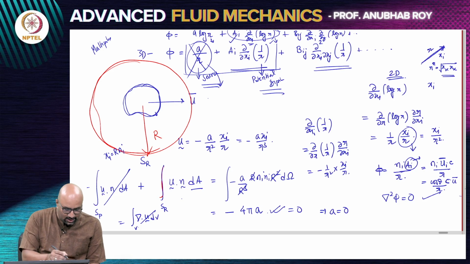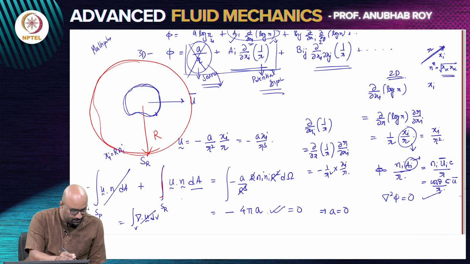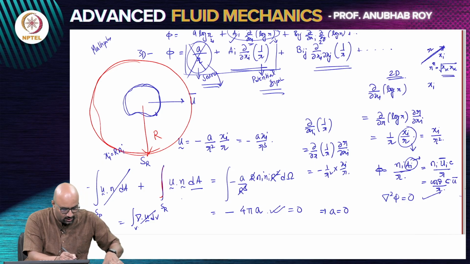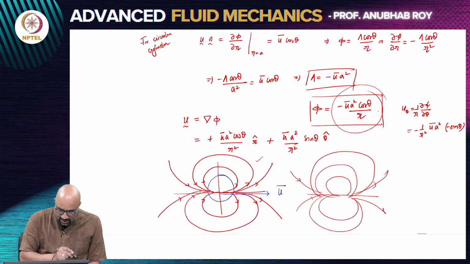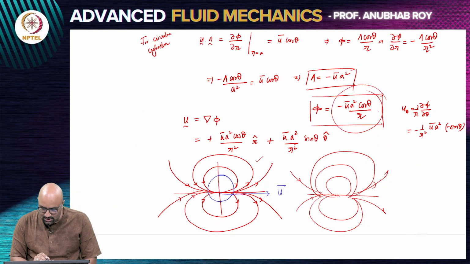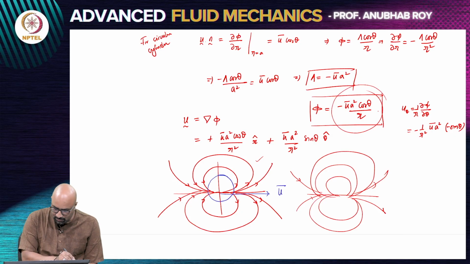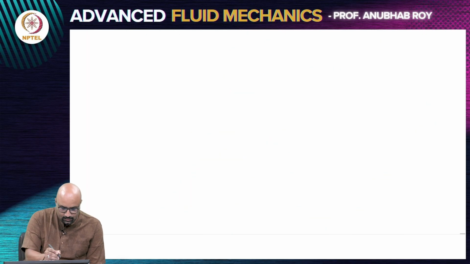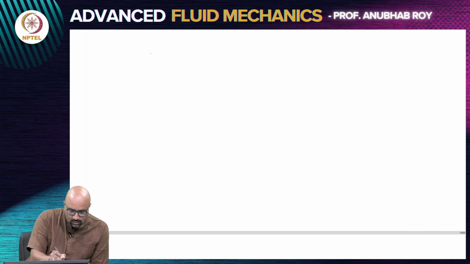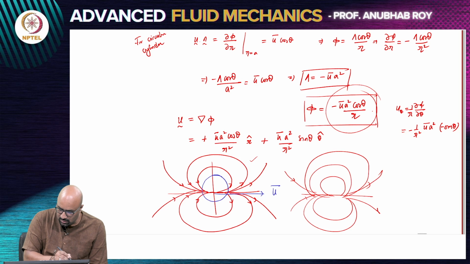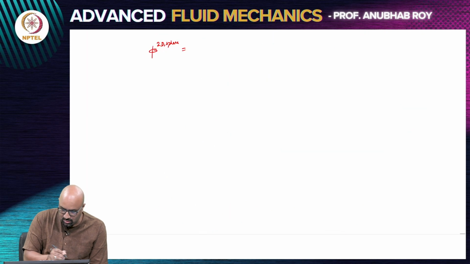So just writing down what is your solution, we had derived this in last lecture. This is phi, the potential in 2D. The potential in 2D for the cylinder was minus u bar a square cos theta by r.